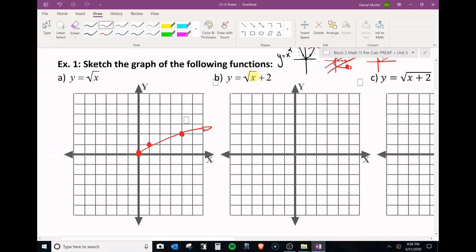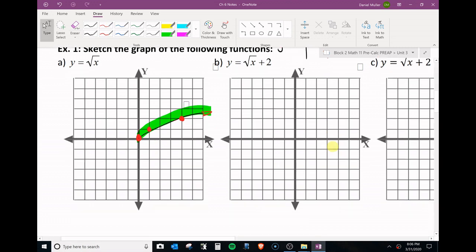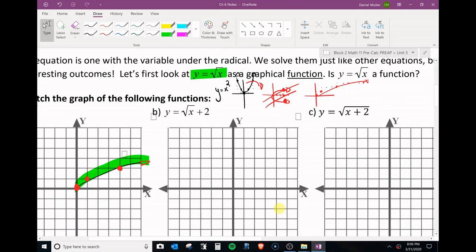Now this graph right here, the square root of x plus 2, is going to look exactly like this. However, it says plus 2. I'm just stating that if you add a plus 2 on the outside, that moves things up or down. In this case, a plus would mean move up.